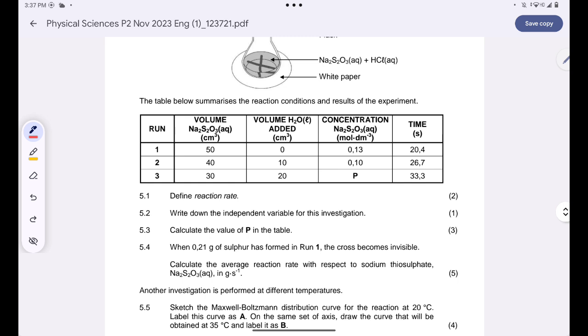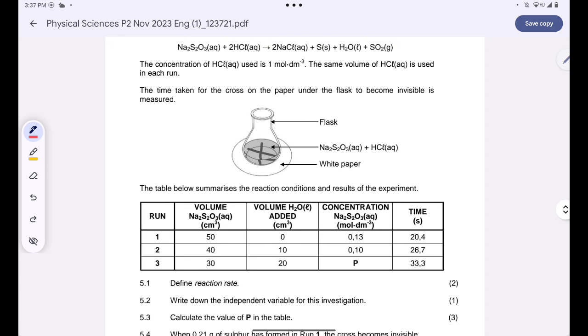Instead of using the total volume of 50 cubic centimeters of my sodium thiosulfate, they will take 30 cubic centimeters, and then they will add the other 20 with water. So I know that in this dilution that happens, the number of moles of my sodium thiosulfate will just remain the same. Are you together?